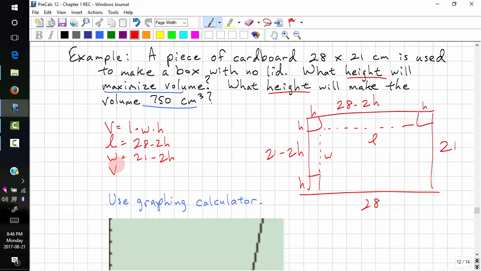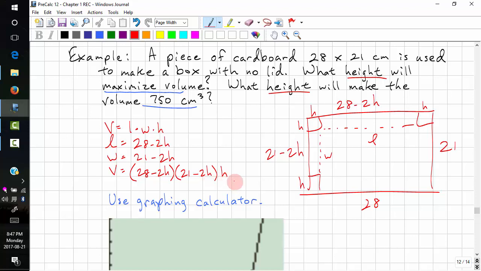And our volume is 28 minus 2h. We just substitute into this formula. Try to do things in the same order that they show up. That way you don't miss anything. And multiply by h. And so when we get our answer, we'll answer this question. If we were solving for length or width, we'd have to do this calculation to get our final answer.